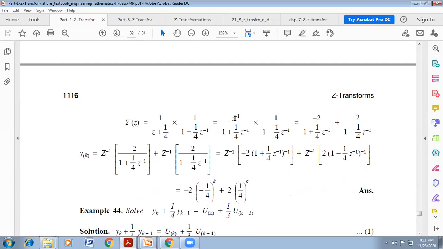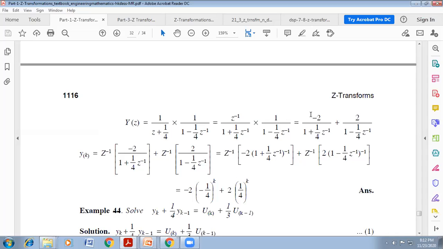Multiplying this, it can be written as minus 2 divided by 1 plus 1/4 z inverse, plus 2 divided by 1 minus 1/4 z inverse, by partial fractions. Or if you take the LCM, the least common multiple, you get this multiplication.